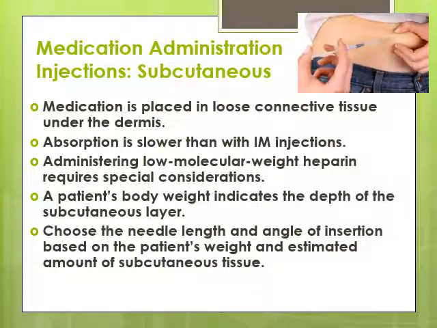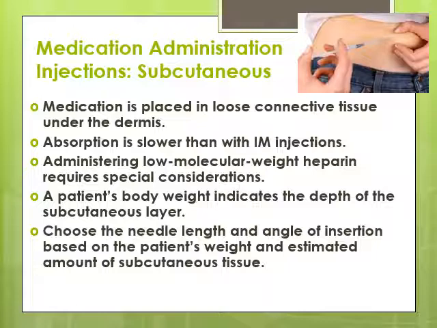Subcutaneous injections. Medication is placed in loose connective tissue under the dermis. Absorption is slower than with intramuscular injection. Administering low molecular weight heparin requires special considerations. For example, a patient's body weight indicates the depth of the subcutaneous layer.